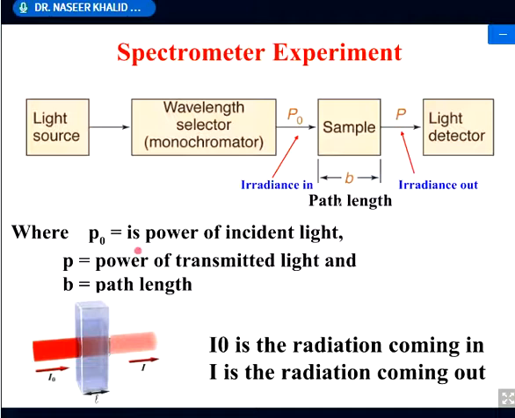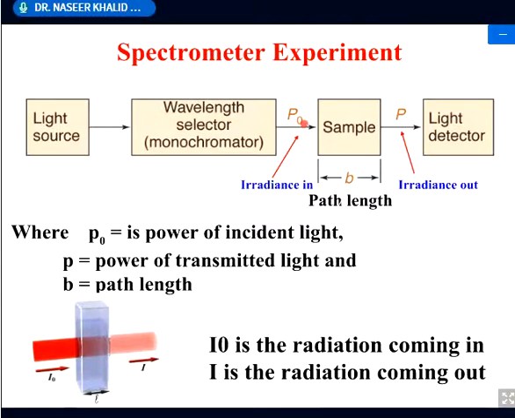that is sources. So this is the block diagram. There is a light source, then the monochromator, then the incident light, that is P naught, the incident power, which is the maximum power. Then it is passing through the sample.